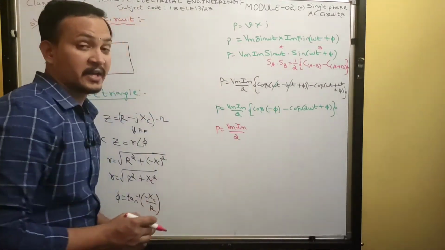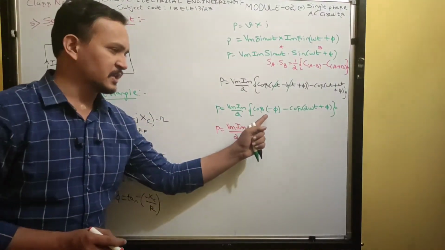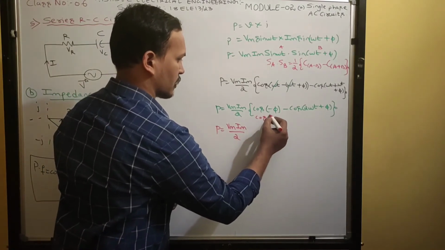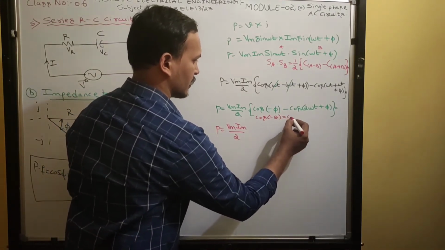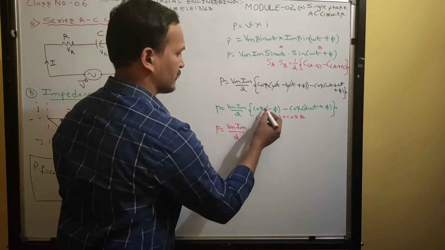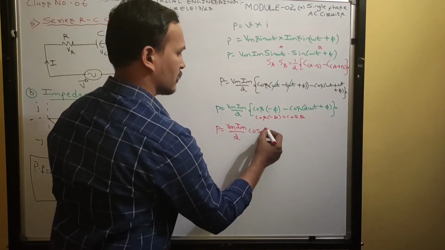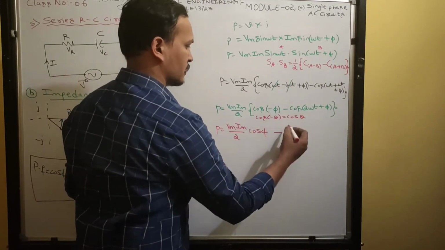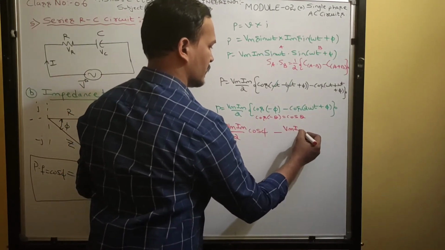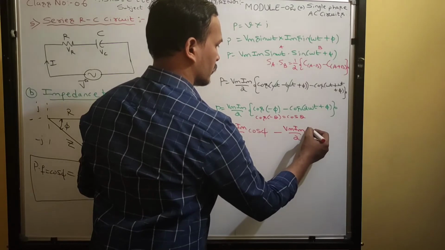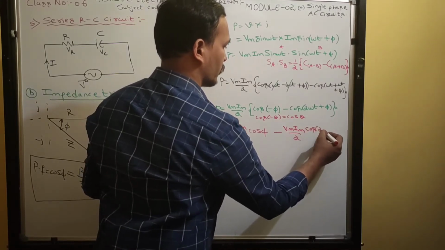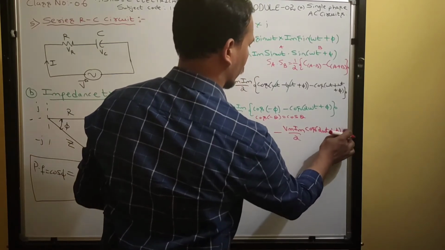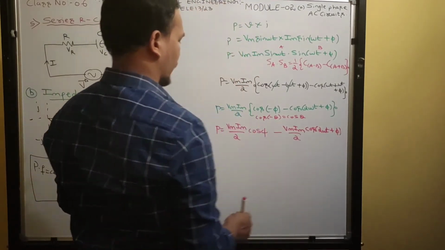What is cos of minus theta? Cos of minus theta is cos theta. So I will write the formula here. So cos of minus theta is equal to cos theta. Apply that relation. Therefore we get cos phi only. Okay. Then minus this into this. Minus Vm Im by 2 into cos of 2 omega t plus phi.